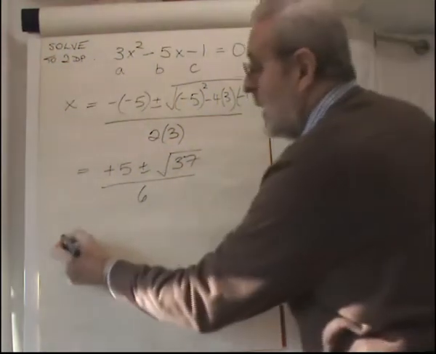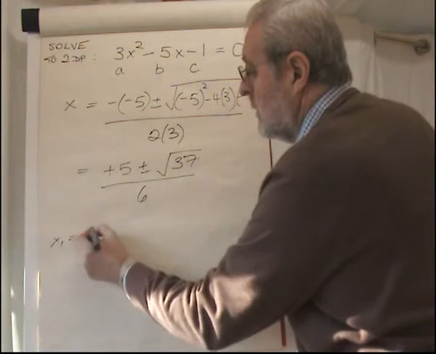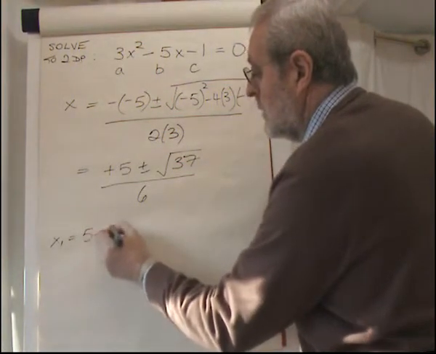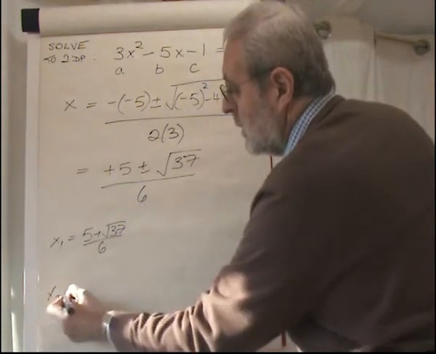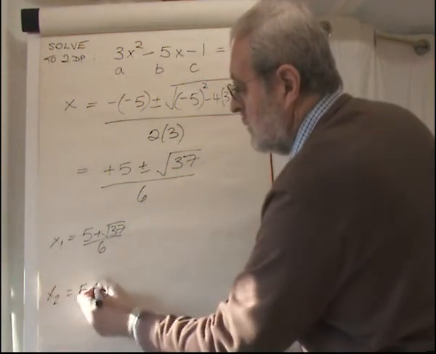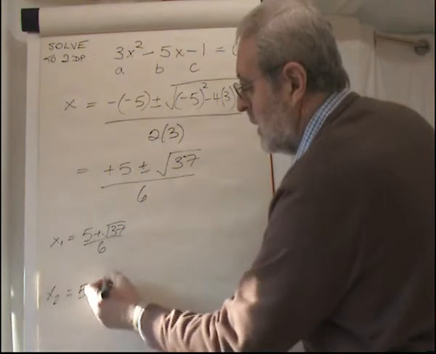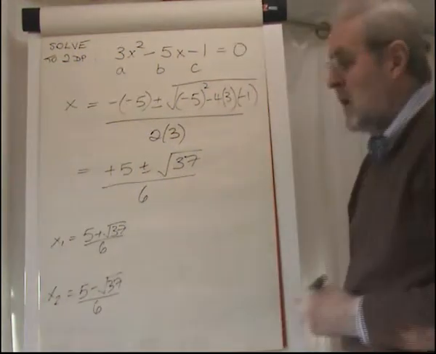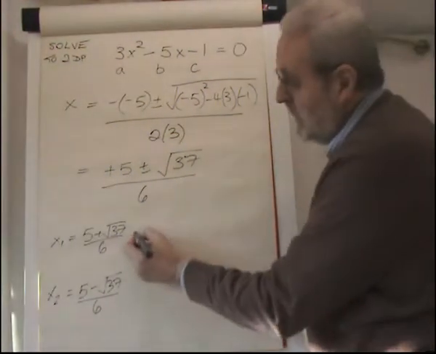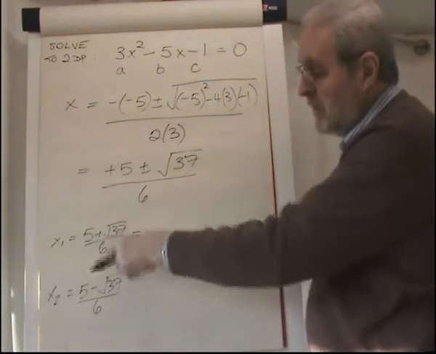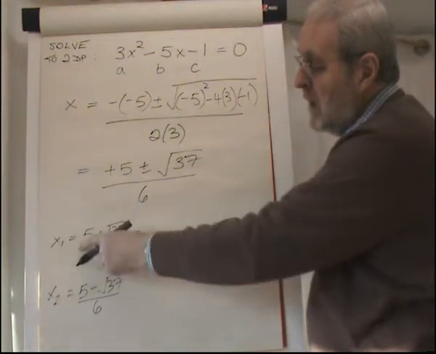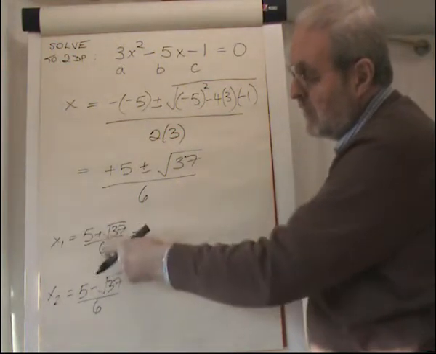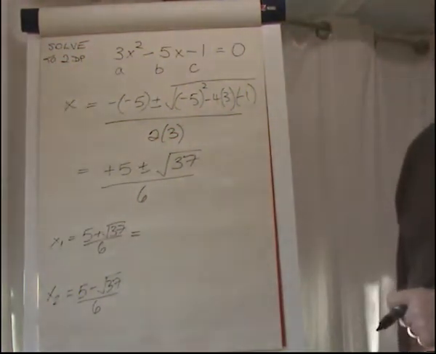The first one, x1, is going to be 5 plus root 37 over 6, and the second one, I'll call x2, is 5 minus root 37 over 6. Now when I tap that into the calculator, I can do it as a fraction where I'm just entering the numerator as it seems, and then as the denominator of the fraction I'm just putting the number 6 and pressing equals.